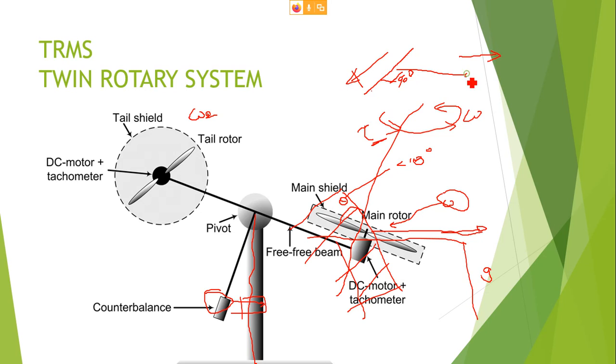Assume this is located at a point P. Whatever the twist or turning angle, it is possible only with this omega 2. Whenever you vary this omega, there will be a turn.